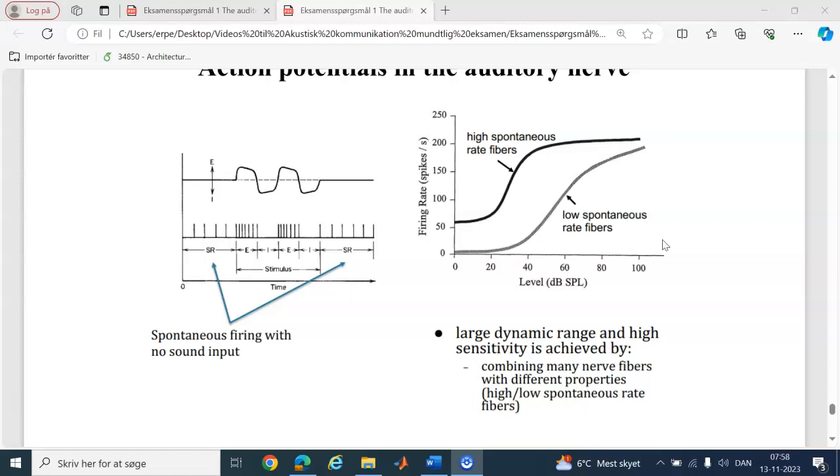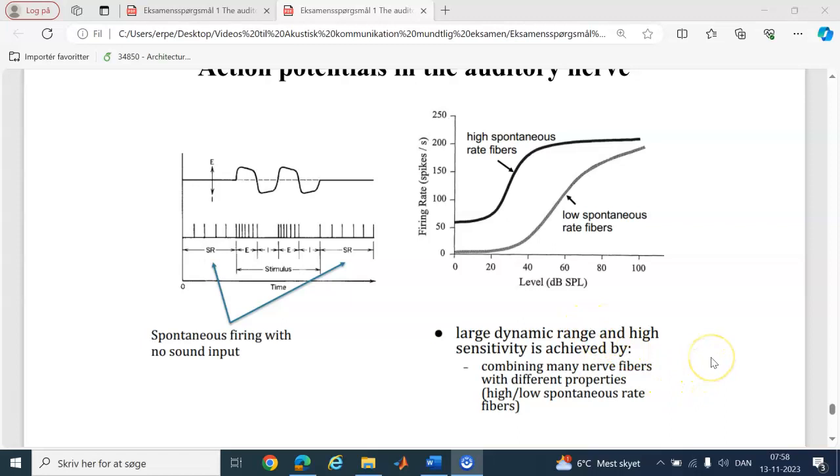So high spontaneous rate fibers grow fast and then the firing rate gets constant, while low spontaneous rate fibers grow slowly.